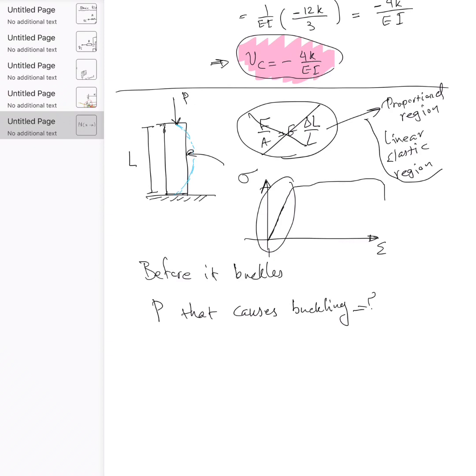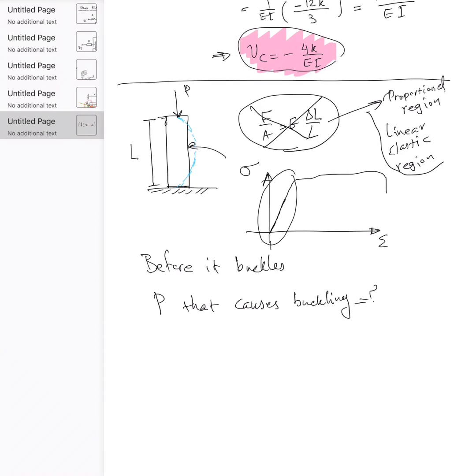You have to learn a graduate course in eigen decomposition, and you have to understand the eigenmodes of ordinary differential equations, and then you have to go through a lot of things, as your book is trying to make it accessible for you, right? So the end result, the final equation that you get for this P that causes buckling, we call it P critical. Critical means it's the point that buckling just happens.